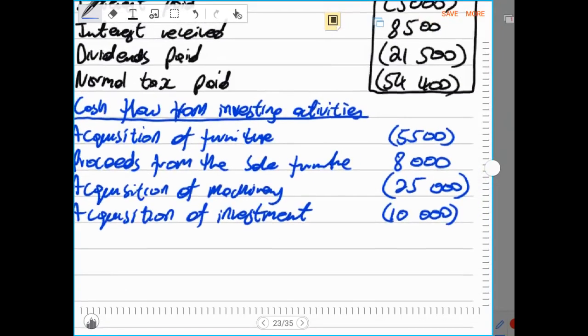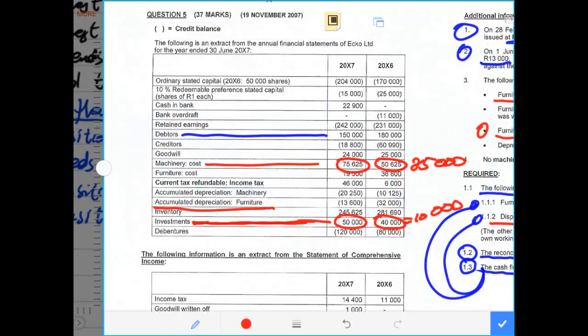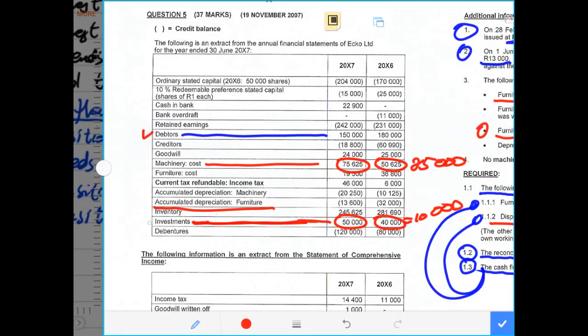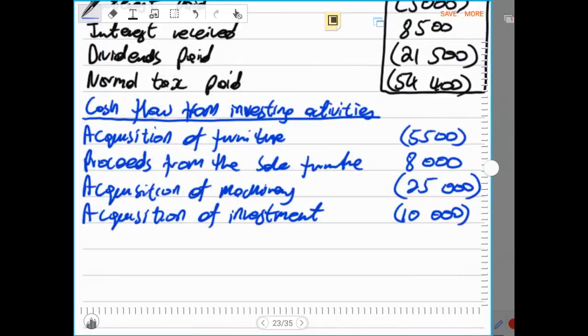And with that, we have covered all the assets. We can just have an overview. All the investing assets were covered. Remember, debtors and inventory affected the reconciliation, so they are already taken into account. So please don't make the mistake of saying debtors are assets and also inventory is an asset. Yes, they are assets, but they were already taken into account when we did the reconciliation note under working capital changes.